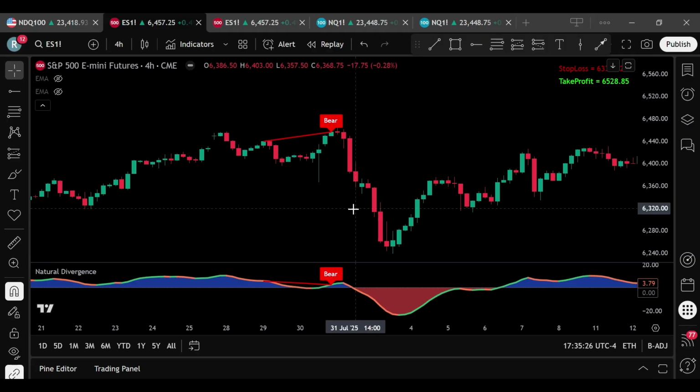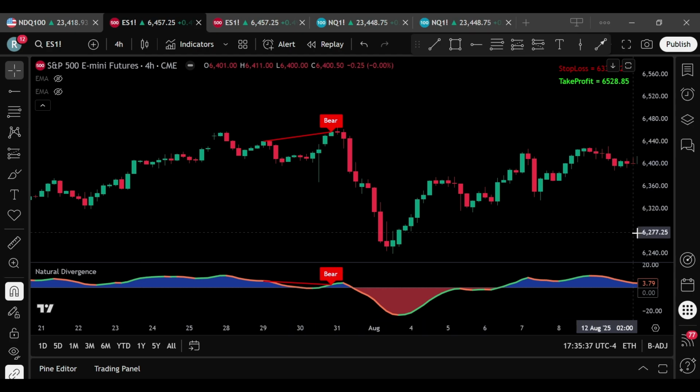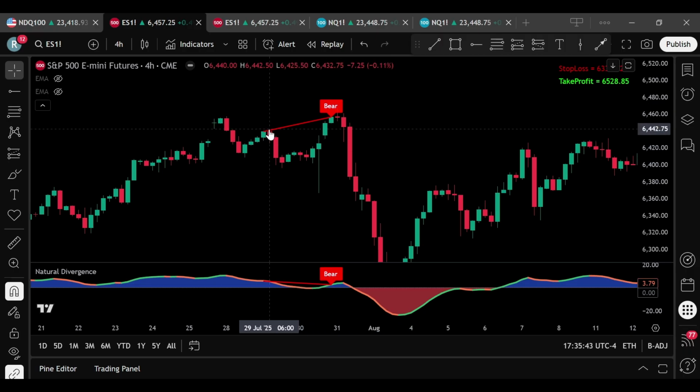In our first example, I've got the 4-hour chart of the S&P 500 E-mini futures. Something I like to do is use fibs a lot to find premium and discount of a range.